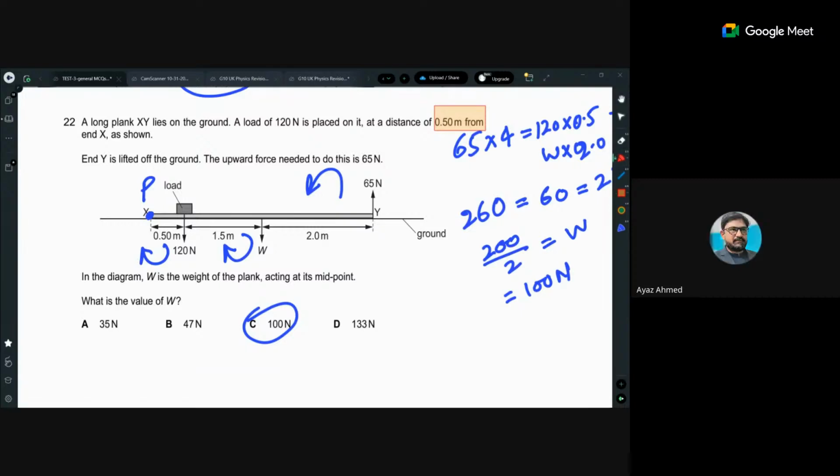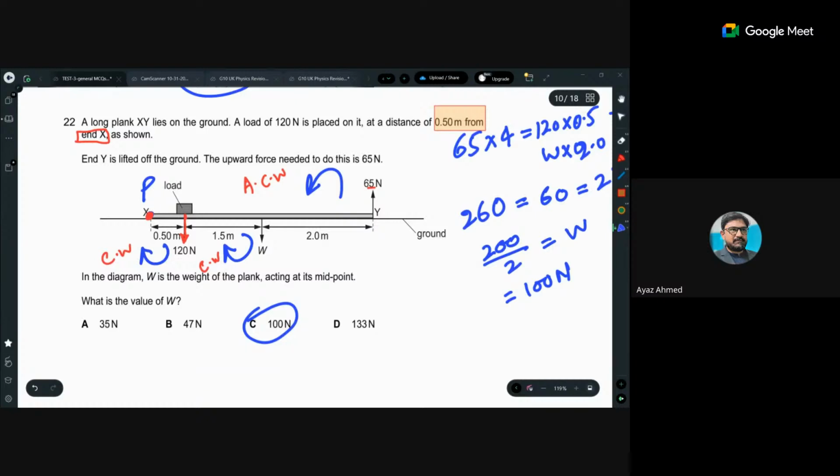Okay, you have a rod that is pivoted in such a way that the moment is from x. This is important. In this case, you have to select this x as a pivot. So when x is the pivot, 120 Newton is causing the moment as clockwise. Then the weight is causing the moment as clockwise, and this 65 is causing the moment as anti-clockwise. Got it?